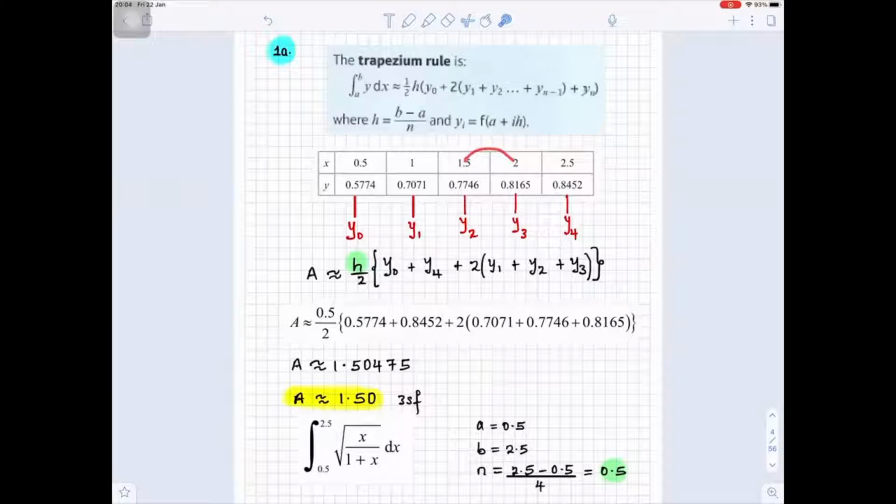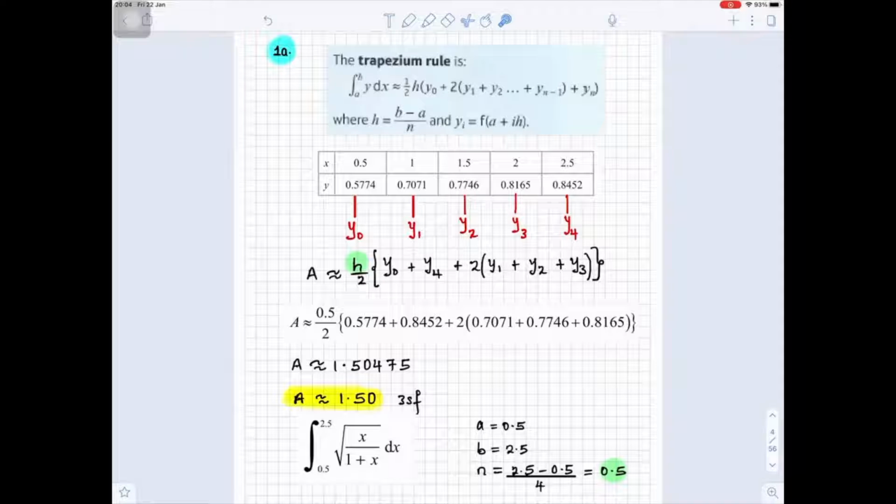2 minus 1.5. Or another way to get h is to look at the bottom there: a is 0.5, b is 2.5, and h is given by this formula. So 2.5 minus 0.5 over 4, which gives you 0.5.